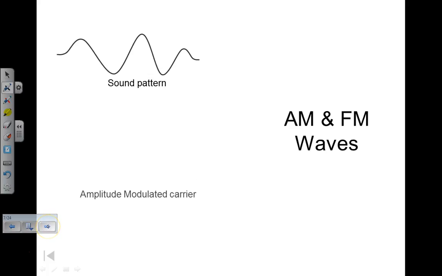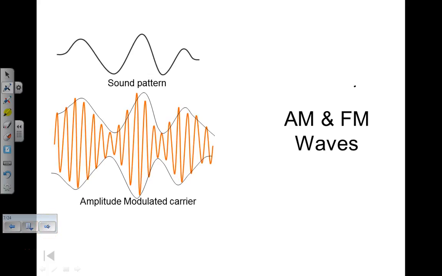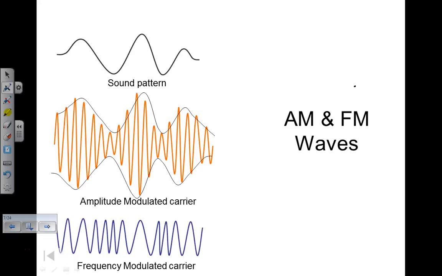But what happens is if you have a pattern of sound, we can amplitude modulate that sound. See what happens. As this goes up, the height of the wave goes up, and as this goes down, it goes down. And so we are changing the amplitude of the wave based on what the sound pattern is that we want to hear. That's amplitude modulated. And if we can modulate the amplitude, we could also modulate the frequency. This one's a little harder to see.